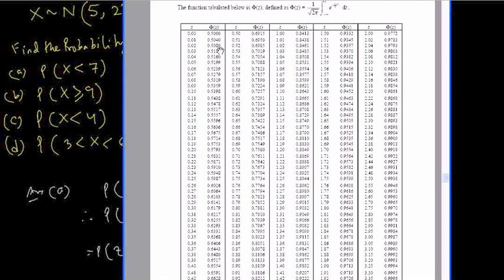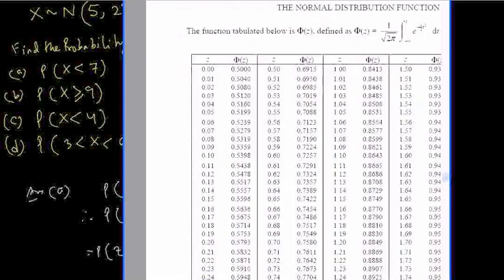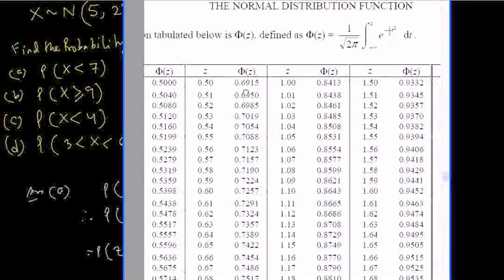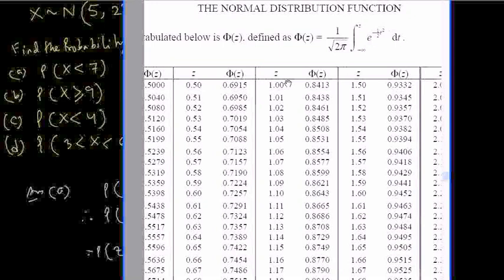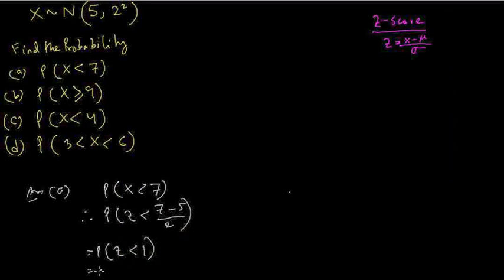This is 2 decimal places, so 1 means 1.00. Let me enlarge it. Okay, so 1.00 means z is less than 1, and the probability is 0.8413. So that is the probability.